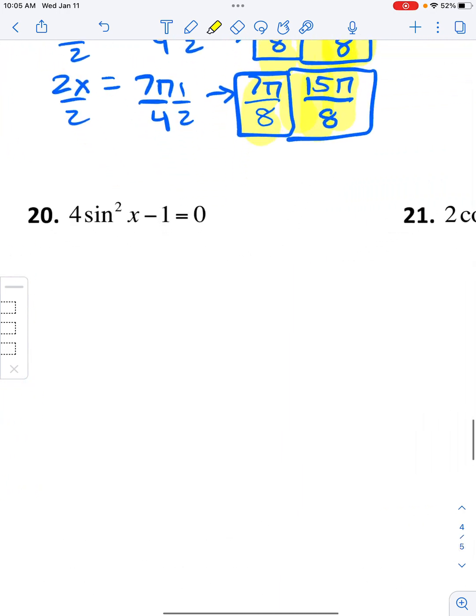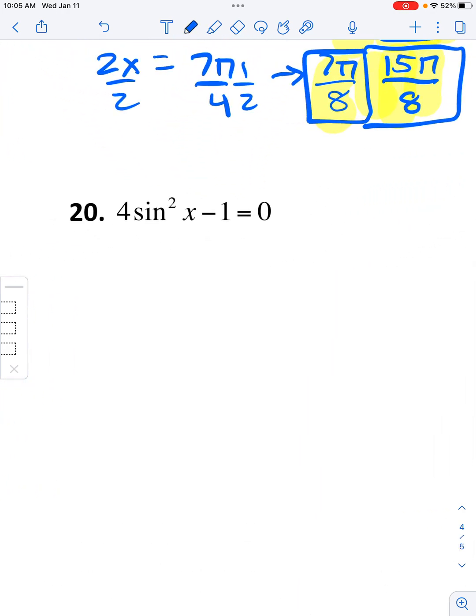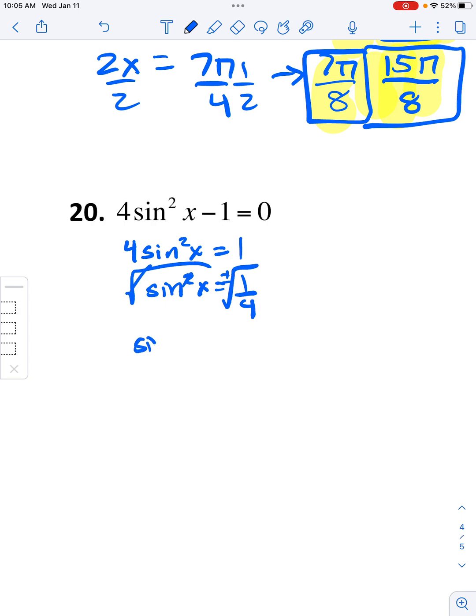All right. Taking a look here, I see a square. I'm going to go ahead and work towards square rooting to get rid of that by adding the 1 over. Then I'm going to divide by that 4. Now it's time to square root, plus minus. This is going to turn into just sine. And then if you use your thinker, this is like the square root of 1 over the square root of 4. So I just get a half.